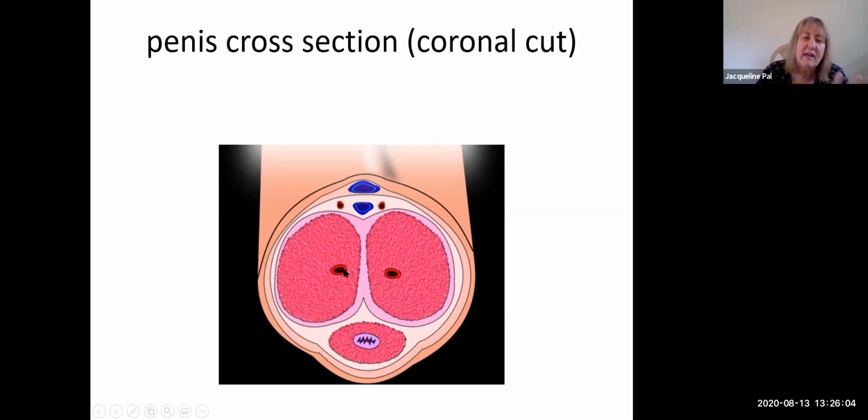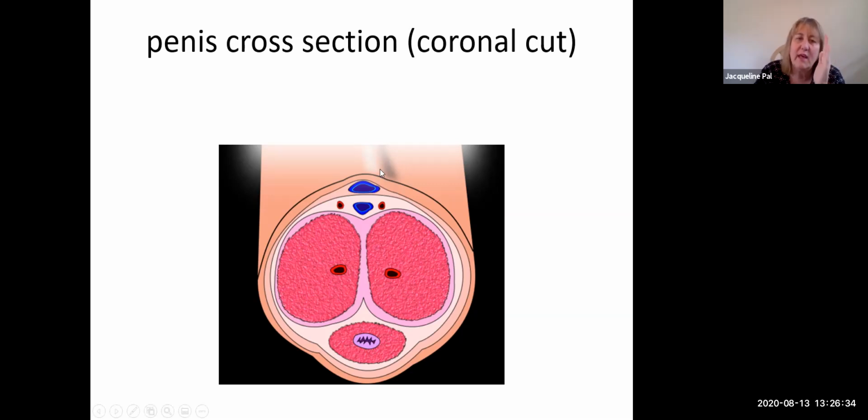But then we clearly can see that there are some significant arteries that go inside the penis. And all these pink areas represent what we call erectile tissue. There are spaces that when they get filled with blood make the penis go erect. So I want you to notice that in the coronal cut, you clearly can see there's only one that completely surrounds the urethra, and then there are two other ones.